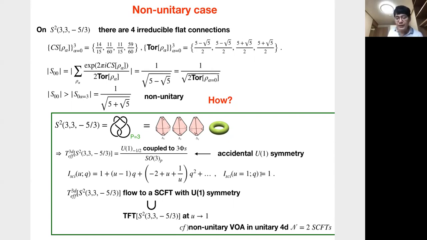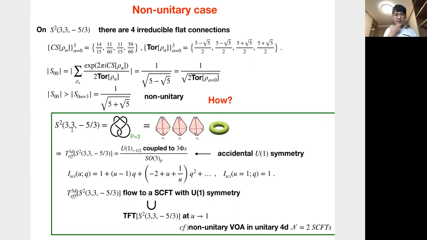Then our interpretation is that this theory actually flows to a CFT with U(1) flavor symmetry, whose superconformal index is given by this one. But if you specify a certain degenerate limit, the U equals 1 limit, then this theory will contain this non-unitary TQFT as a subsector. So this is our interpretation.